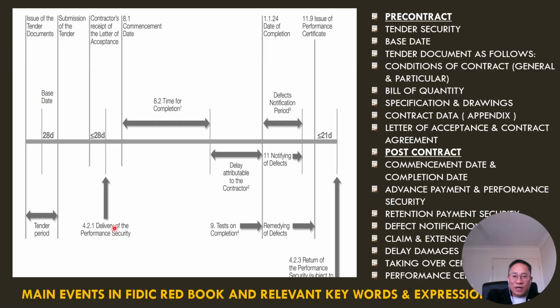According to FIDIC, if a contractor is unable to submit performance security, they will not be entitled to receive any advance payment, or in other words, any payments. So performance security is a very important document that the contractor has to obtain and submit to the employers in order to get payment.